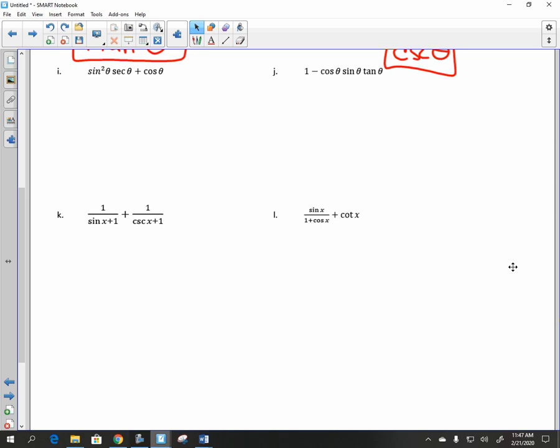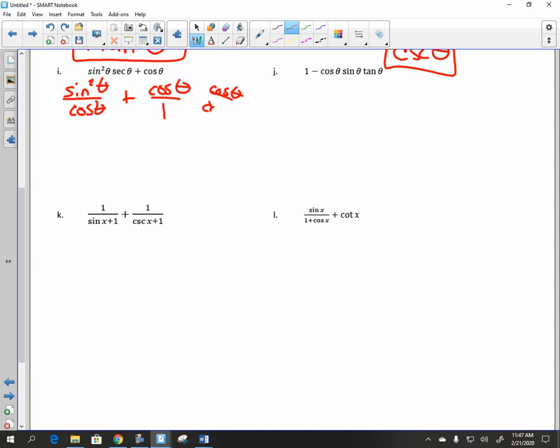So I change it to sine squared of theta over cosine of theta plus cosine of theta over 1. Right? Because secant is 1 over cosine. So then what do I do now? Common denominator, says Kayla super quietly, but I have great hearing.